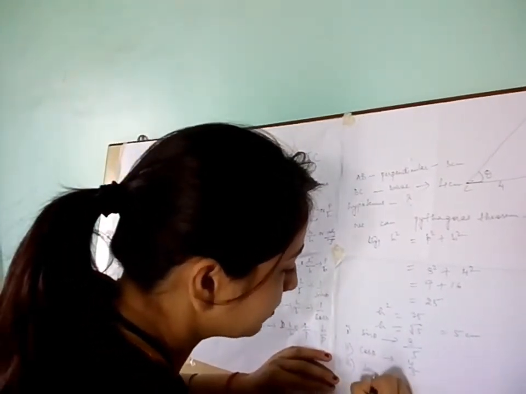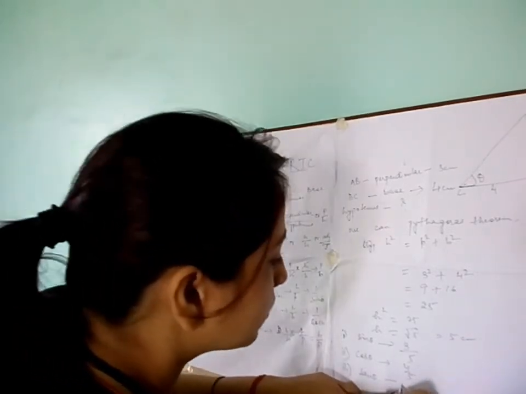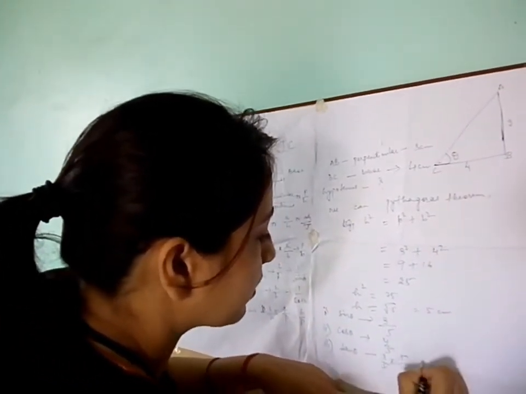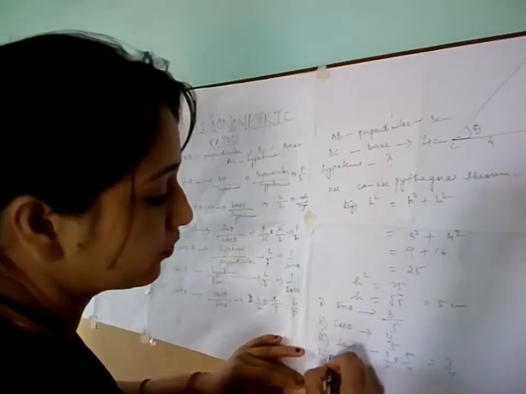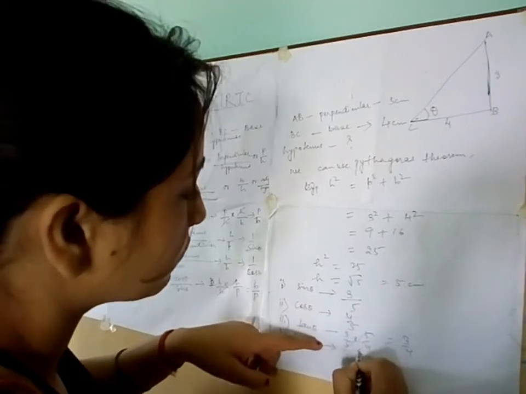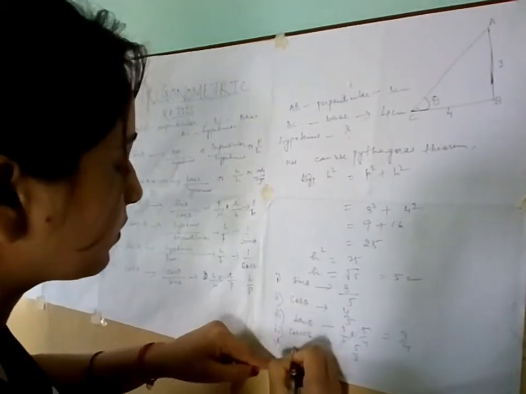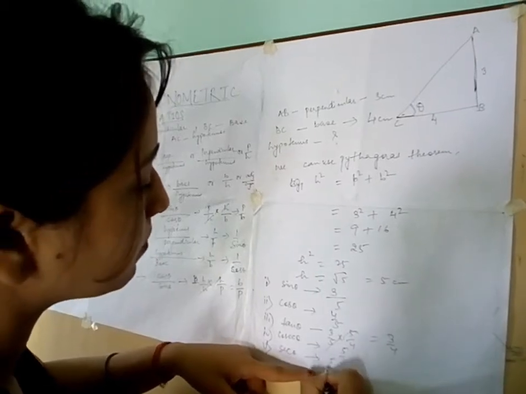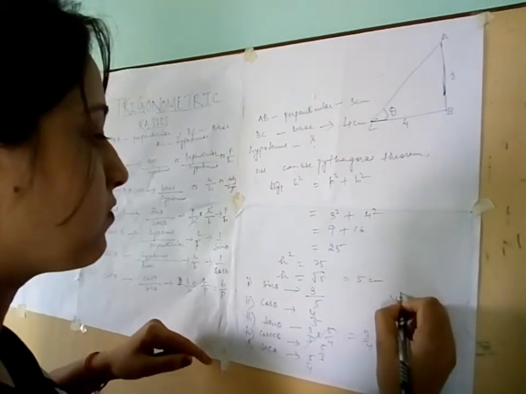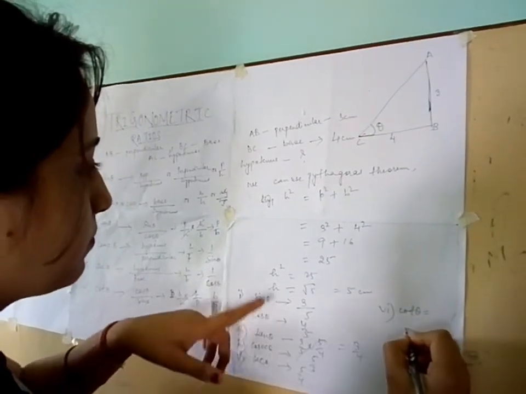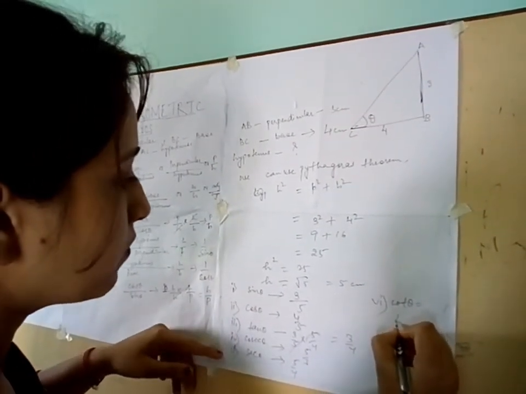Tan theta will be 3 by 5 by 4 by 5, so 5 cancels, 3 by 4. Our fourth one, cosec theta, is opposite of sin theta, so 5 by 3. Our fifth one is sec theta. This is opposite of cos theta, so this is 5 by 4. And our sixth one is cot theta. So the answer will be 4 by 3.